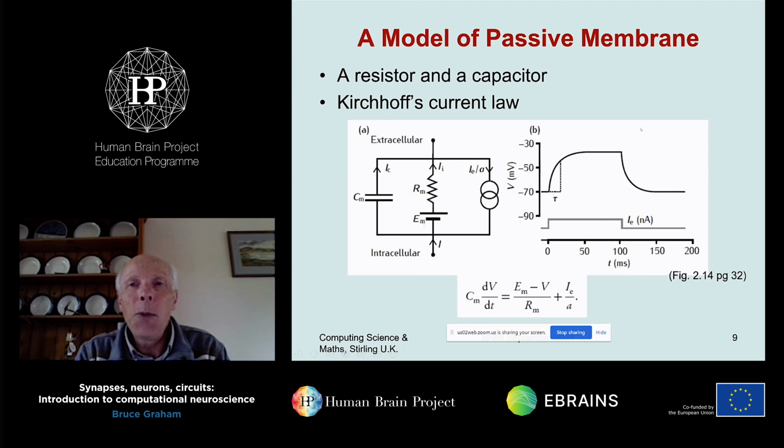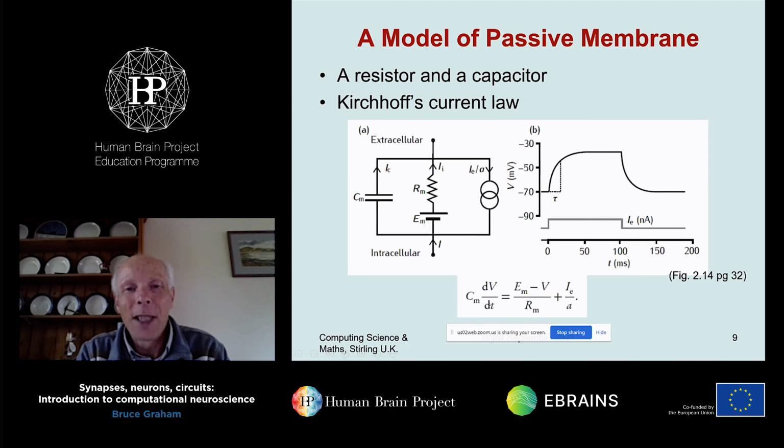Now, what we can do with an electrical circuit description is turn it into mathematics. So Gout has already shown you some equations, but the basic fundamental equation that represents this circuit is that we can describe the rate of change of the membrane potential in this circuit, which is from the inside to the outside, as a differential equation.